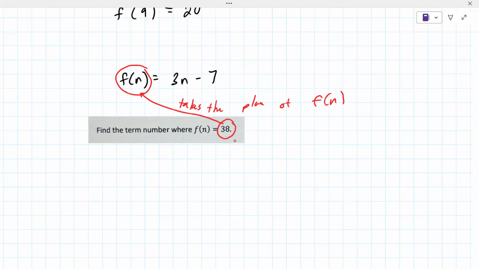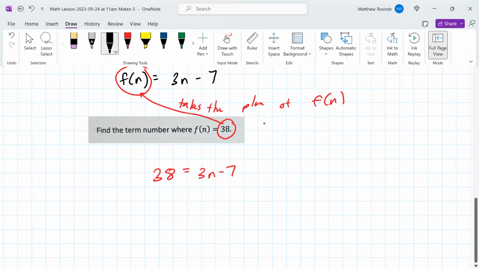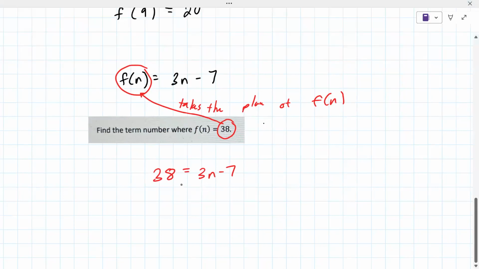So 38 goes in there. 38 equals 3n minus 7. So before you were putting the number in for n, now you're replacing the left side with that number, and you're now solving for n.